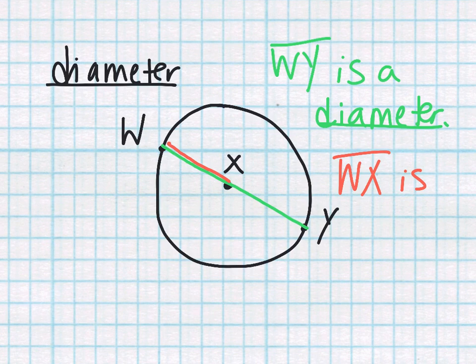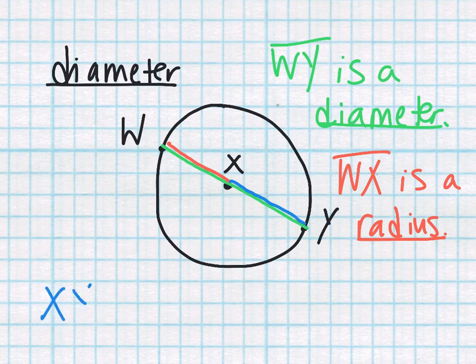So we can say segment WX is a radius. There is another segment in this diagram, that is segment XY. So segment XY is a radius. Cool, so get all that in your notes, and we're going to talk about circumference.